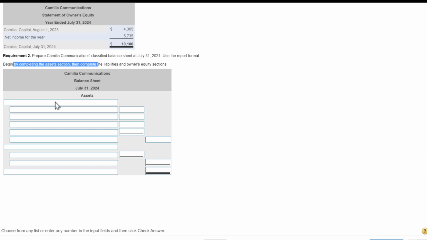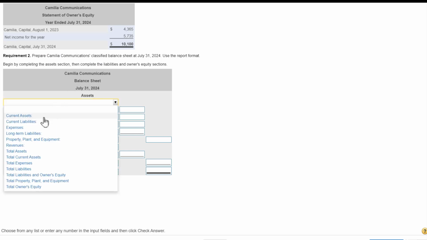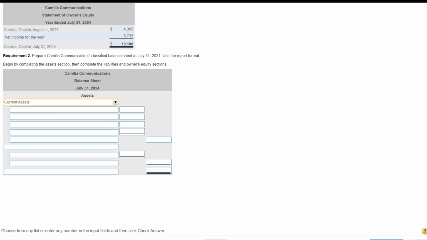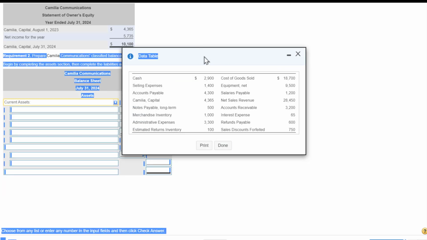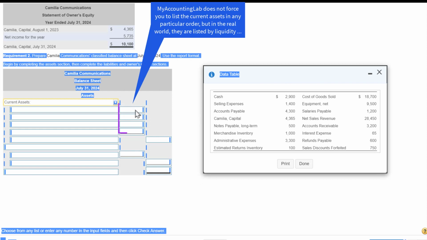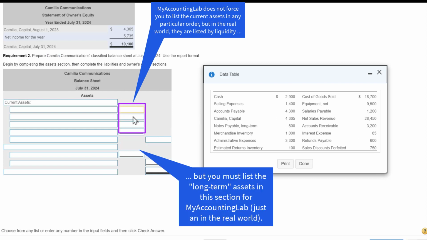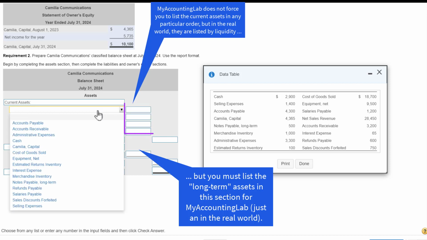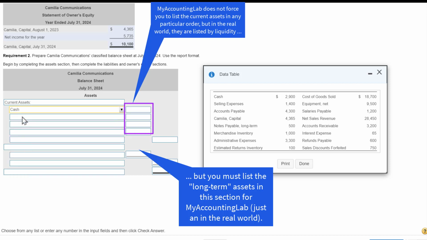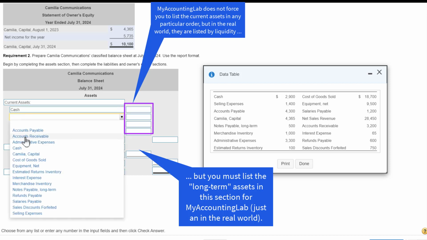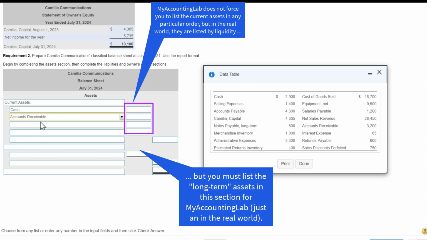So I begin by completing the assets section, then complete the liabilities. We always start with current assets. My accounting lab is not going to force you to list the assets in any certain order, but I'm going to list them in the order that they are usually done. First it's cash, and then accounts receivable, because remember, assets are listed in order of liquidity. How fast will they be turned into cash or are already cash?